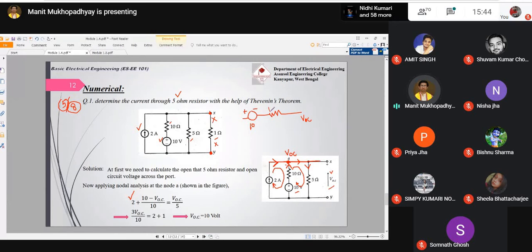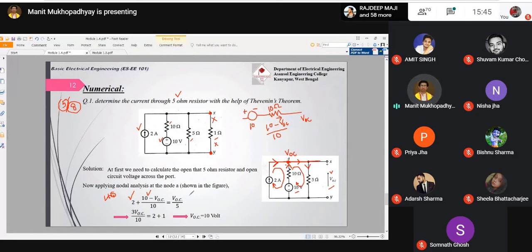This is your 10 ohm resistance. So what is the value of current flow? The current flow will be 10 minus VOC by 10. Okay. So that's why it is written, and these two currents are incoming currents. That's why it is written in the left hand side.